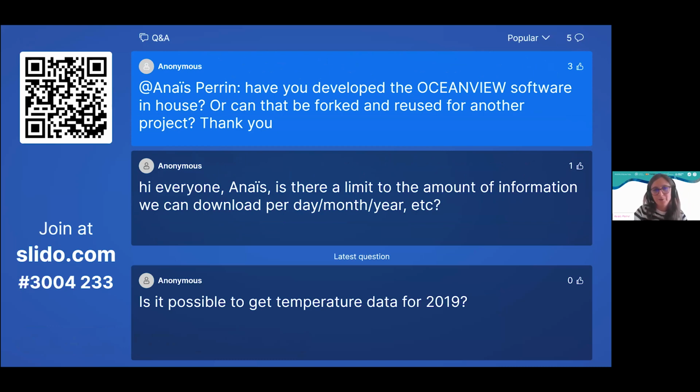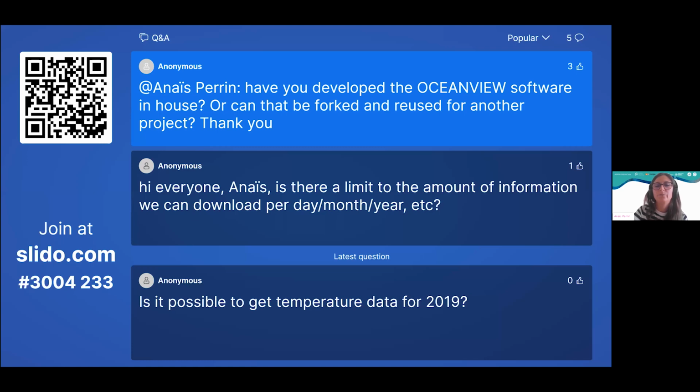I haven't developed my ocean viewer, it's Copernicus Marine. But of course, you can use this interface for your own project with the embedded link as seen previously.